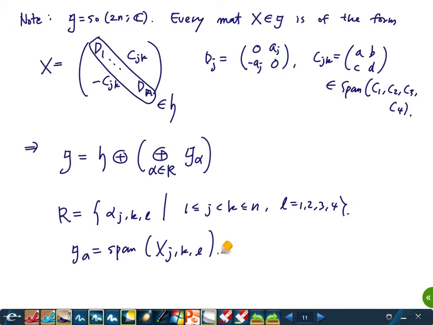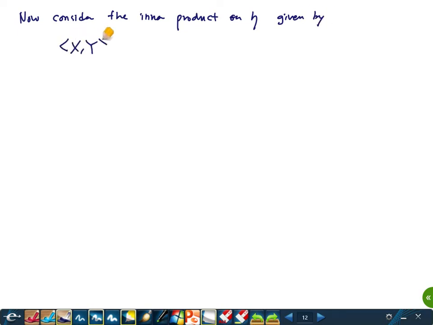Okay, now we will consider the inner product, because we still need this step to prove that H is a maximal commutative subalgebra. So now, consider the inner product on H given by <x, y> equals trace, as usual, x adjoint y, but somehow we will divide it by 2 because it will be nicer later.